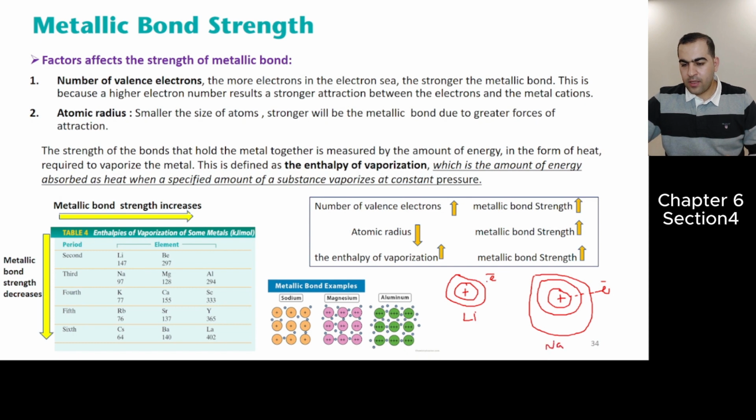But lithium, the distance between the lithium atom and the free valence electrons, right? Because valence electrons become delocalized. That's why I have not written on this line. So the distance is more here, in lithium the distance is shorter.